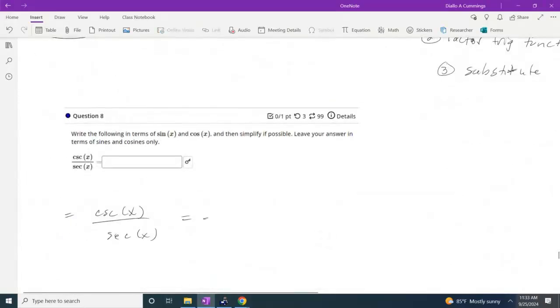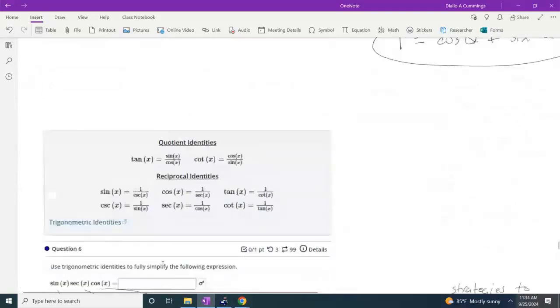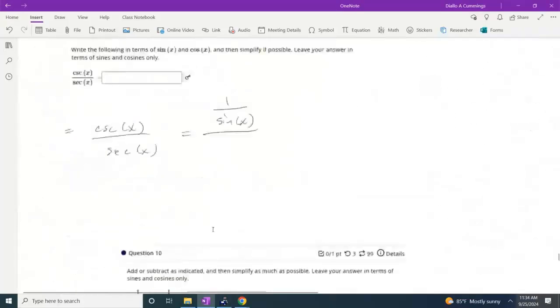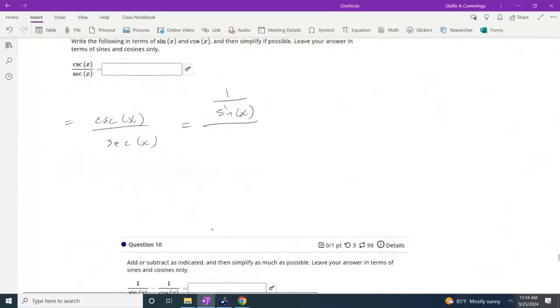So I'm going to put that in the numerator: 1 divided by the sine of x. In the denominator, we have secant x. So if I go back up to my identities, I can rewrite secant x as 1 divided by the cosine of x. So in my denominator, I have 1 divided by the cosine of x.